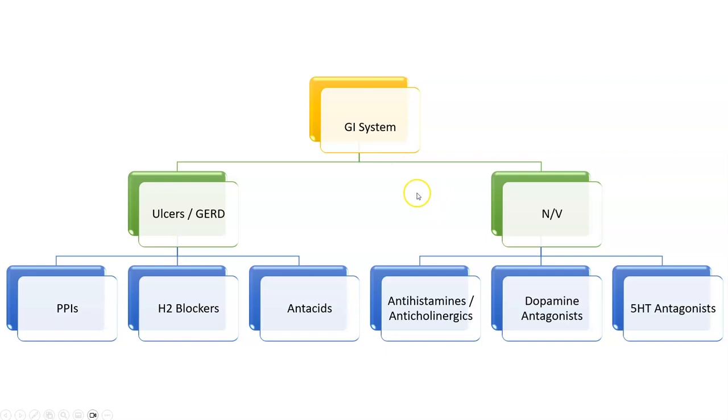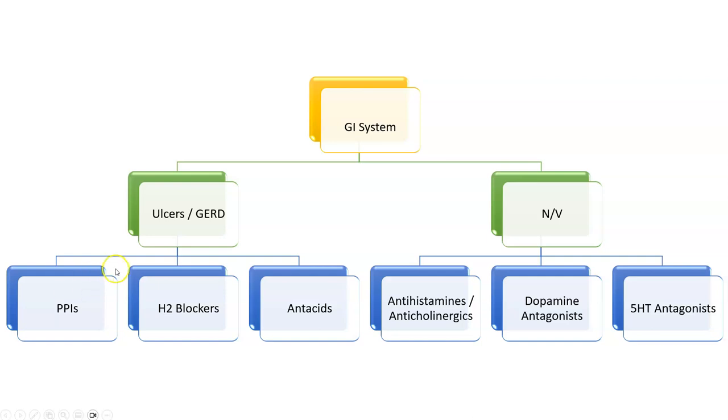What kind of drugs can we use? Now here in this green level, the top level, therapeutic class, body system, the green level is still therapeutic class, the illnesses or conditions that we're treating. And when we go down here to the blue level, we're going into the pharmaceutical classes. So we have drugs like PPIs. These are proton pump inhibitors. You're going to learn a lot more about that in just a minute.